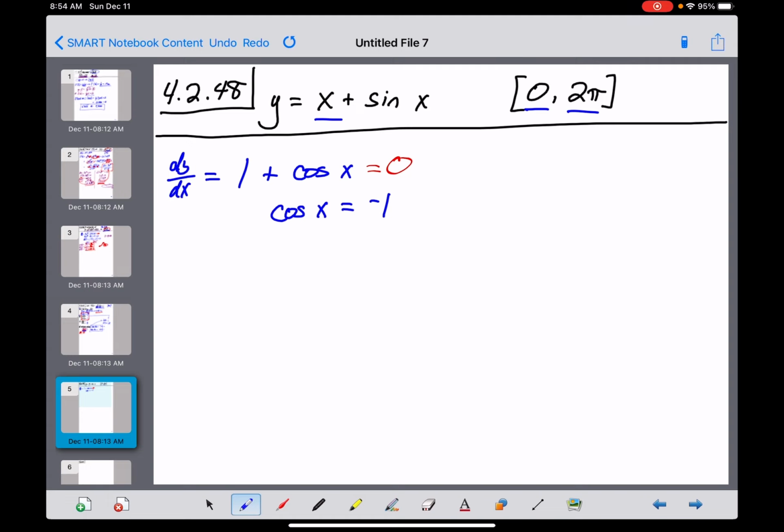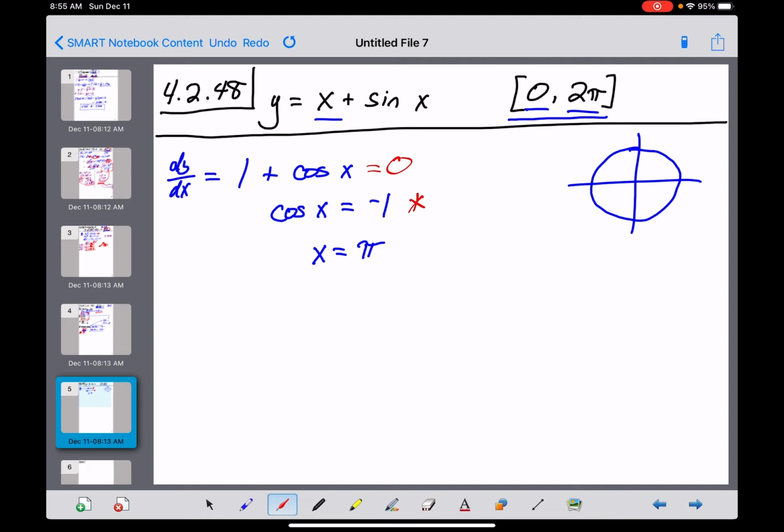Now, there's actually an infinite number of answers to that question, but lucky for us, we've got a limited domain here from 0 to 2 pi. So I'm really hoping you guys could look at that and tell me that the answer here is just pi. If you need to, and our friends in pre-calc are doing something like this right now, there's your unit circle. Cosine, everybody, is our x value, and we want to know where that x value is equal to negative 1.